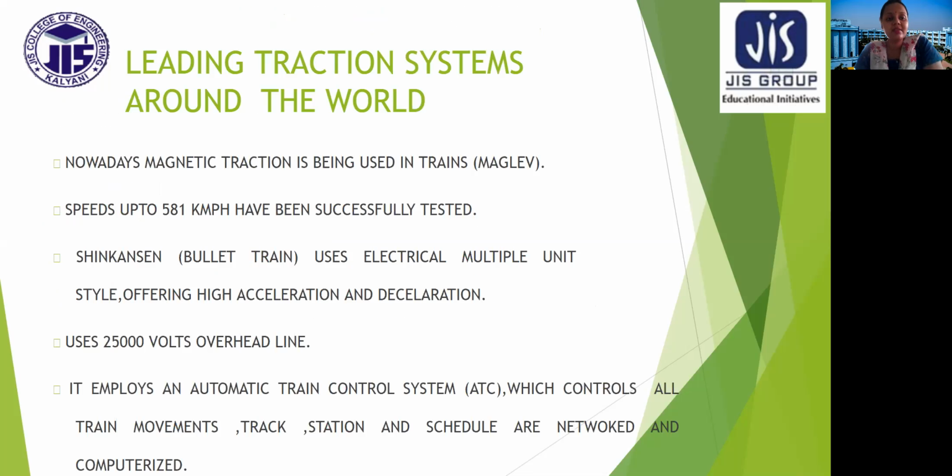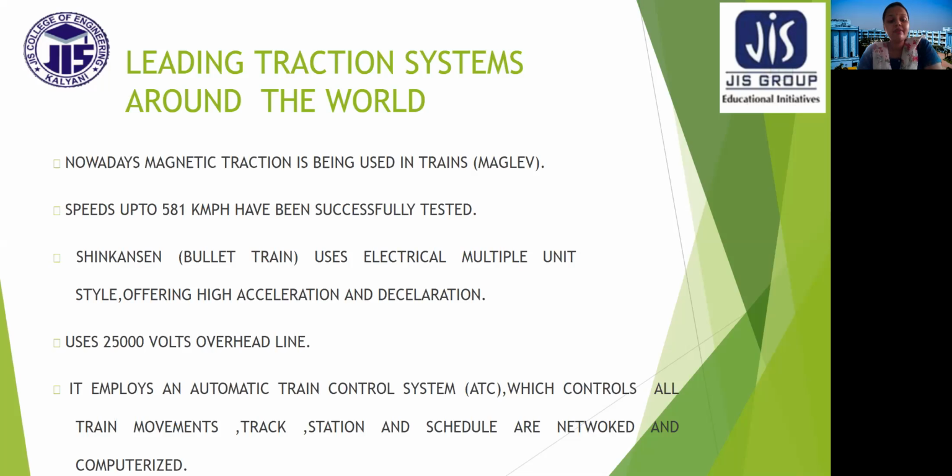Leading traction systems around the world. Nowadays, magnetic traction system is being used in trains. It's used in maglev. Speeds up to 581 km/h have been successfully tested. Shinkansen bullet train uses electrical multiple unit style, offering high acceleration and deceleration.